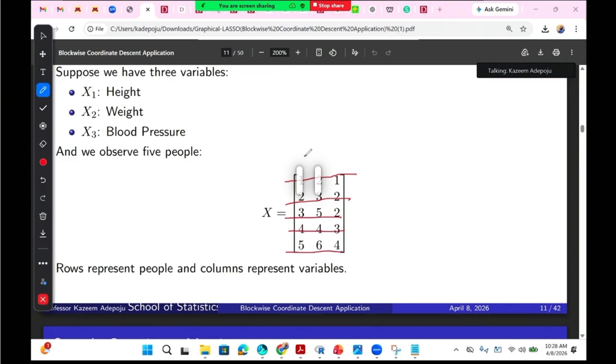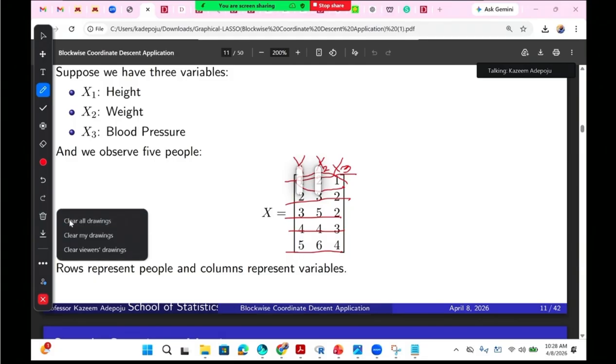We collected data on height, on weight, and on blood pressure. So the first row here, I have the height of person number 1, I have the weight, and I have the blood pressure. So this is a data matrix X.